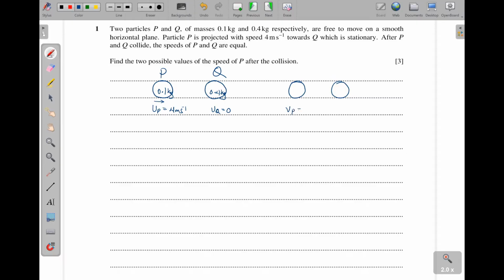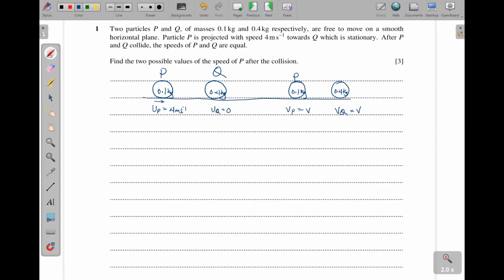And then after collision, we want to get VP. So this is P and then 0.4 kilograms. Then this is VQ, which is equal to V. They have the same velocity after collision.